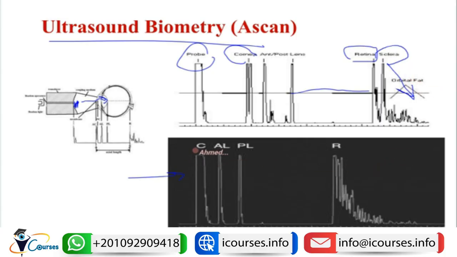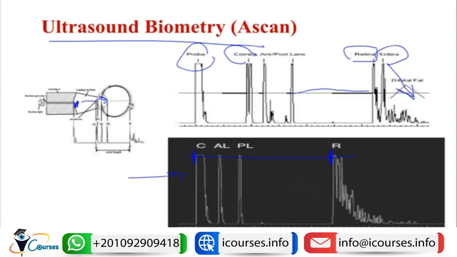If the different ocular surfaces hit by the ultrasound give spikes of the same height, we know that we are perpendicular to the surface of the eye, and we will have an accurate measurement of the axial length from the cornea to the retina. So this will be the technique.